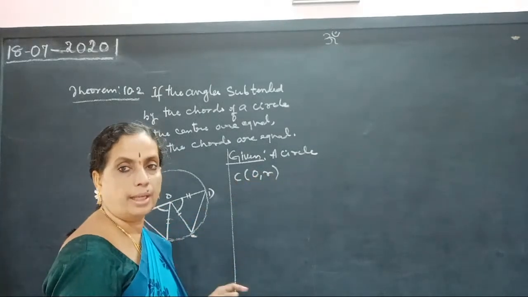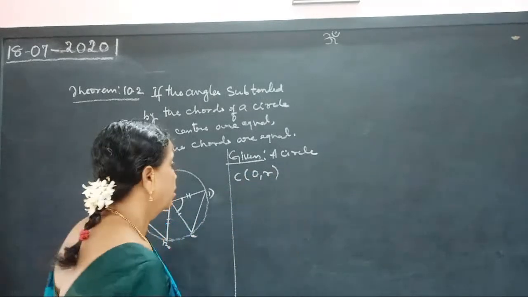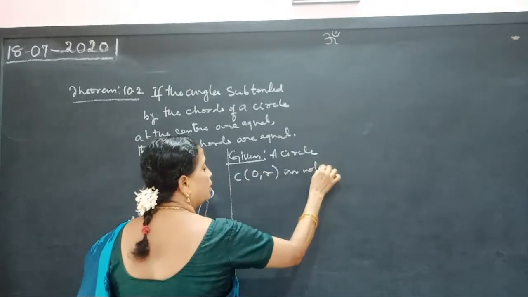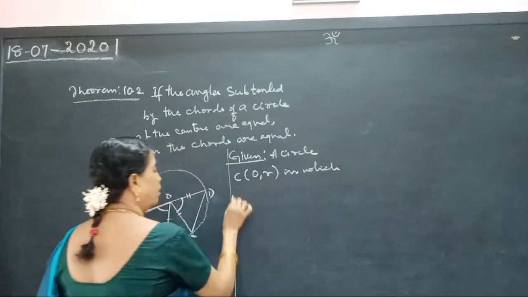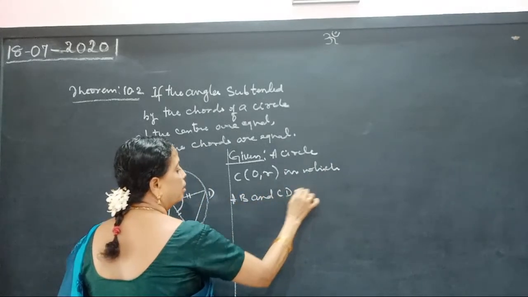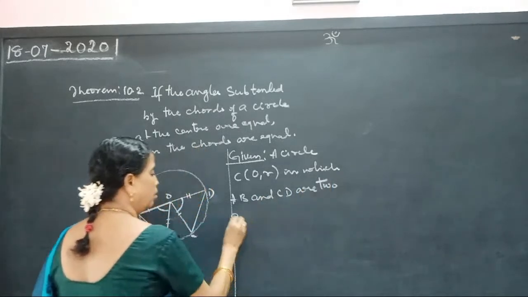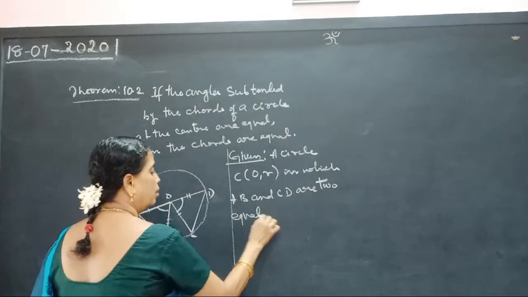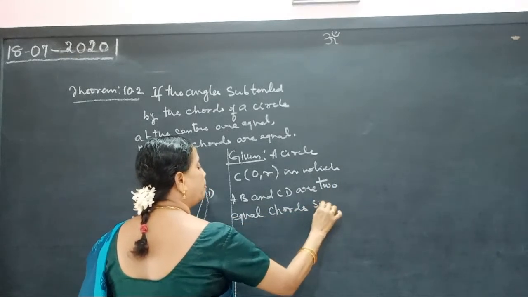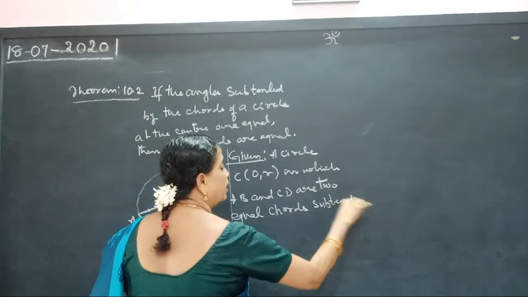That means a circle with center O, radius R. A circle C(O, R) in which AB and CD are two equal chords subtend... It's a new word.